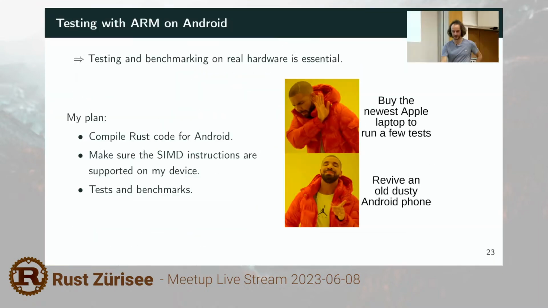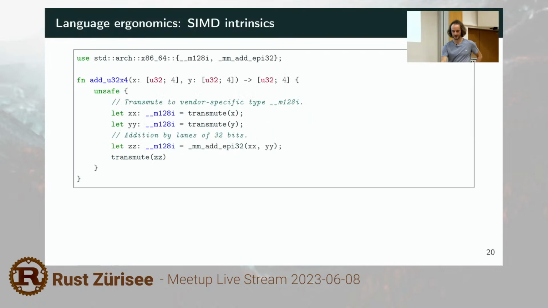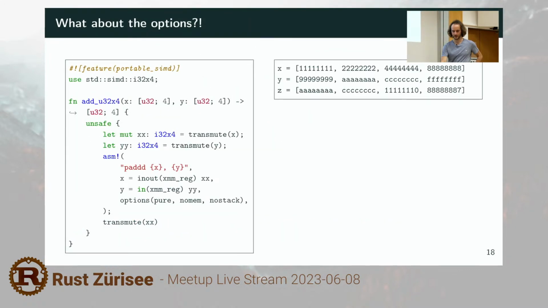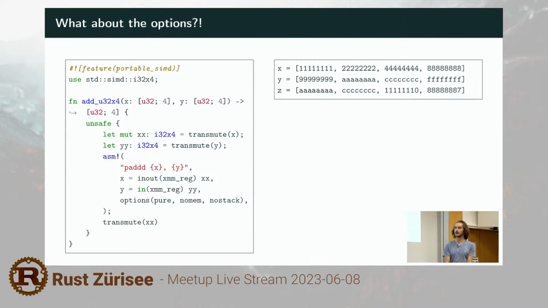So this one, let me go back to it. Beforehand, before it was stable, this macro was called LLVM ASM, which was using a kind of LLVM-specific syntax.